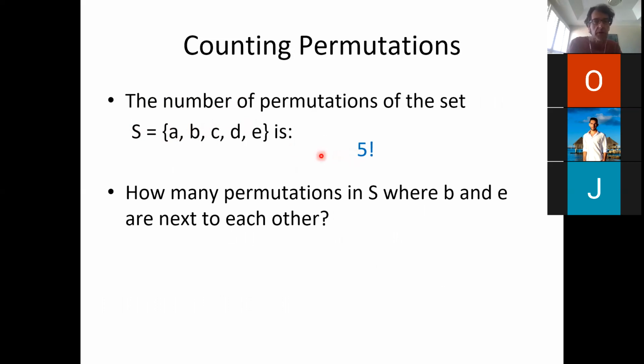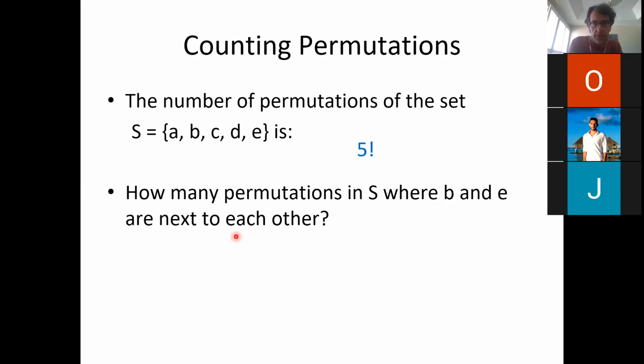It's 5 factorial because you have to choose one of them as first, 5 choices, one of the remaining ones as second, so there will be 4 choices, etc. The number of choices decreases, so it's all these consecutive integers multiplied.